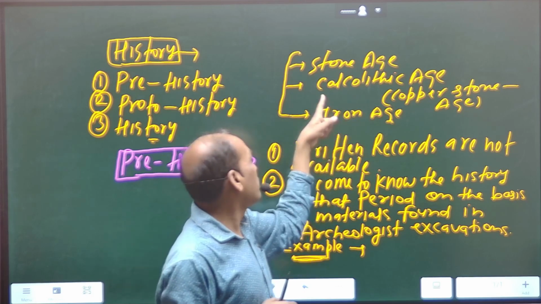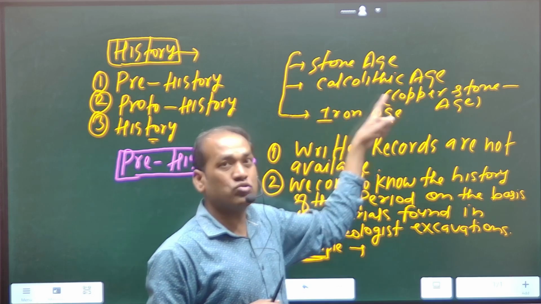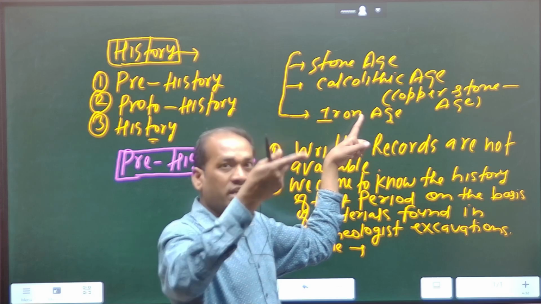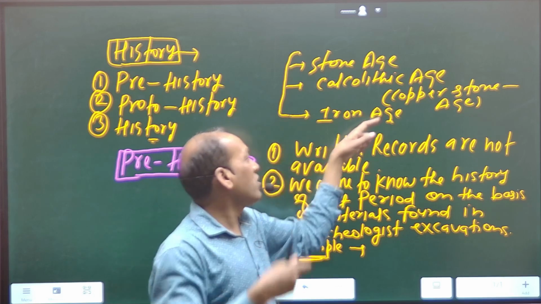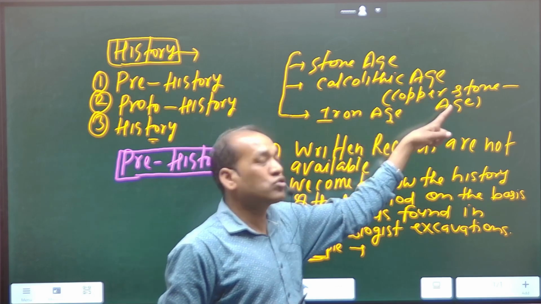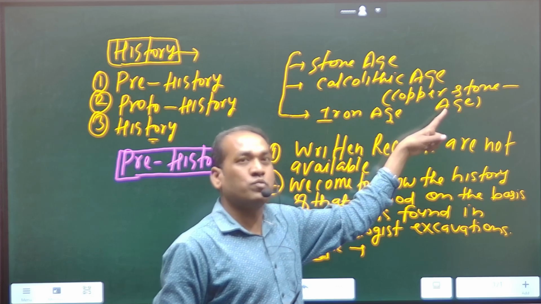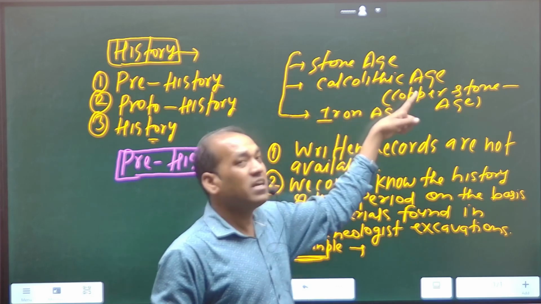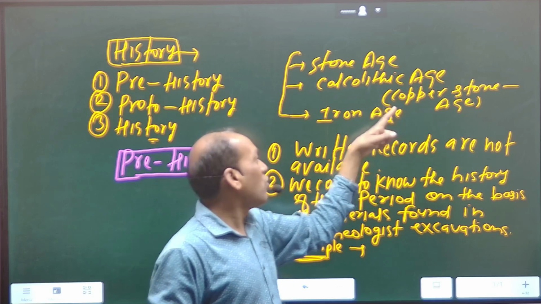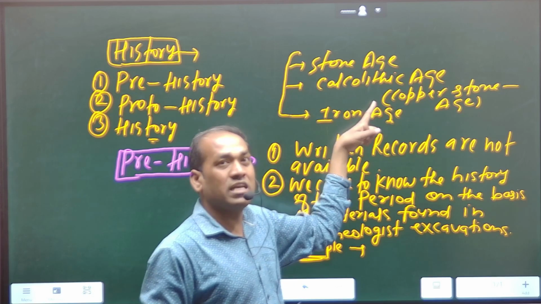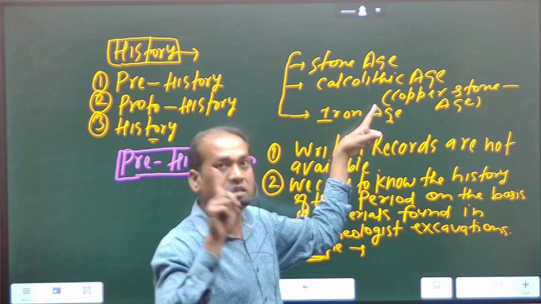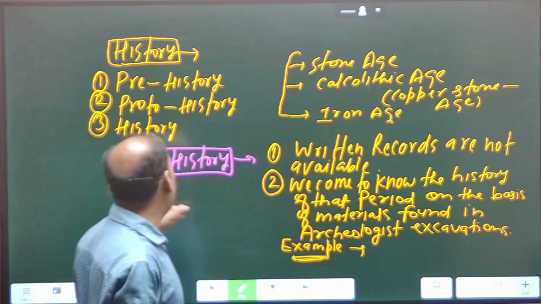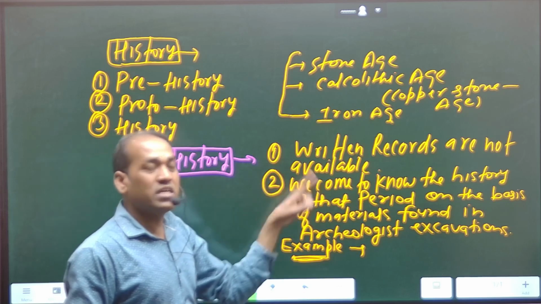So Chalcolithic Age means the period when copper and stone both were used for making tools. Related to this Chalcolithic Age, we don't have any written records. So that is why Chalcolithic Age is also included in prehistory.